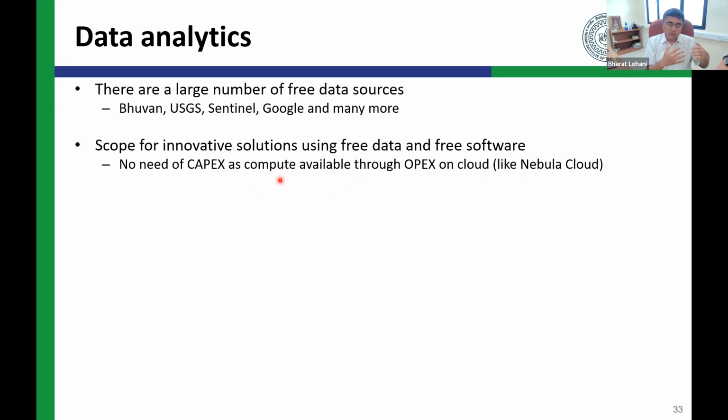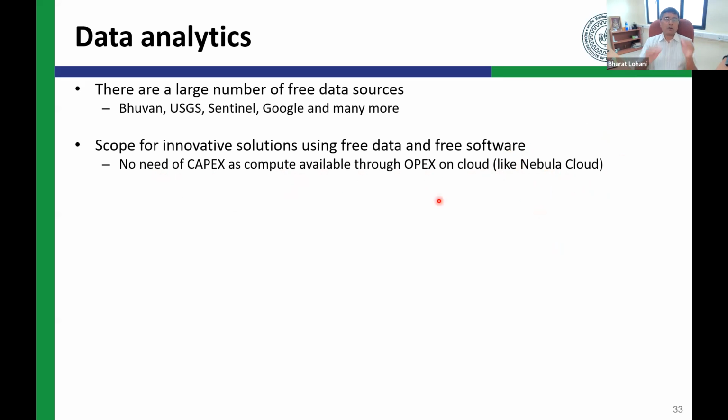Then also in-house, you have to maintain it. Or you might like to appoint a person who is managing your IT infrastructure and your software licenses. But once we move to a platform like Nebula Cloud, all these things are not required because all these pains are taken by the cloud provider.